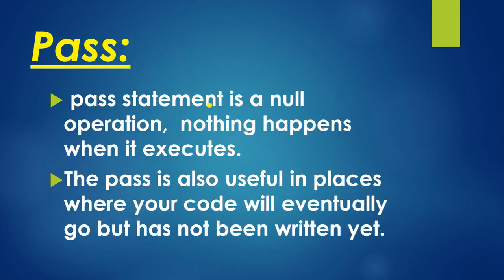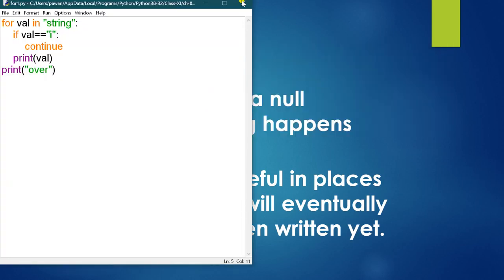Now next is your pass statement. The pass statement is very simple; it is a null operation, nothing happens when it executes. Pass is also useful in places where your code will eventually go but has not been written yet. Now you have to just see the code.